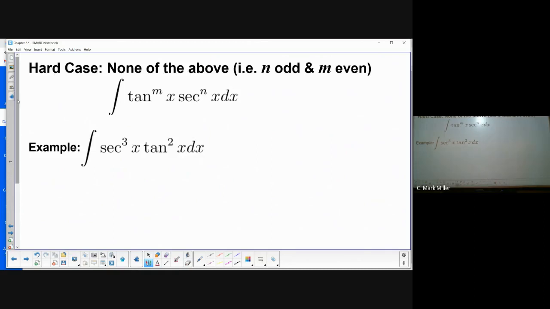Now, remember, we did the integral of secant. For this, you're going to need the antiderivative of secant and of secant cubed. You either need to know them or know how to get them. Both of those I derived in class. Take your pick. In my opinion, knowing how to get them helps you remember what they are. We'll leave it there.